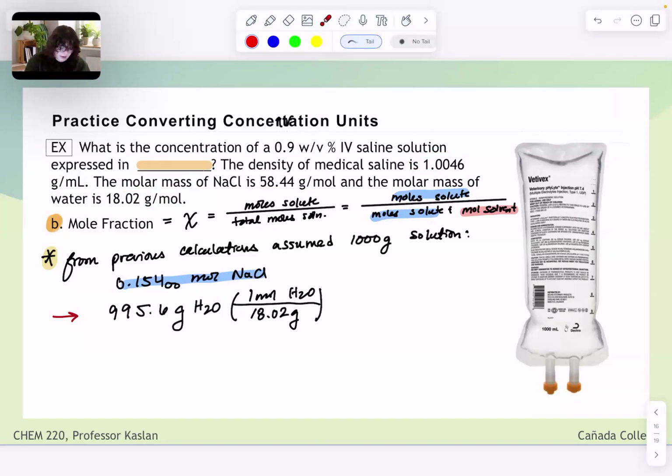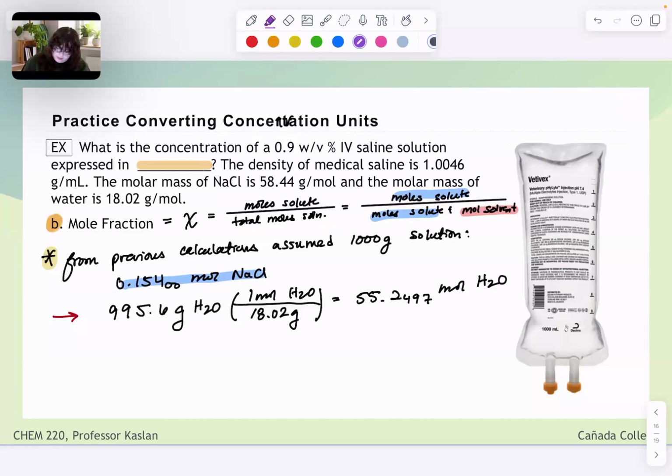So let's take our 995.6 and divide by 18.02. This is 55.2497 moles of H2O.